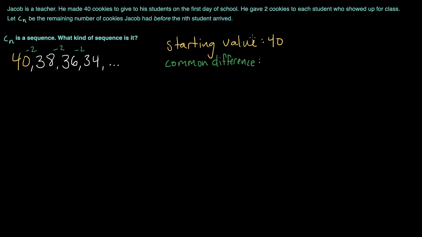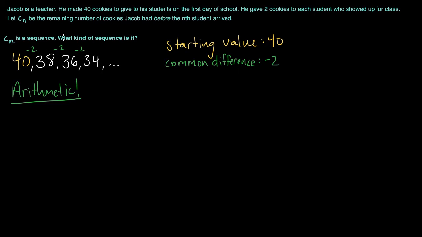And so the number of cookies he has at each step is 2 less. He's subtracting 2 from his total number of cookies at each step. So the kind of sequence that this is, is an arithmetic sequence, which means that we have a common difference. We are adding or subtracting the same number at each step in this sequence.